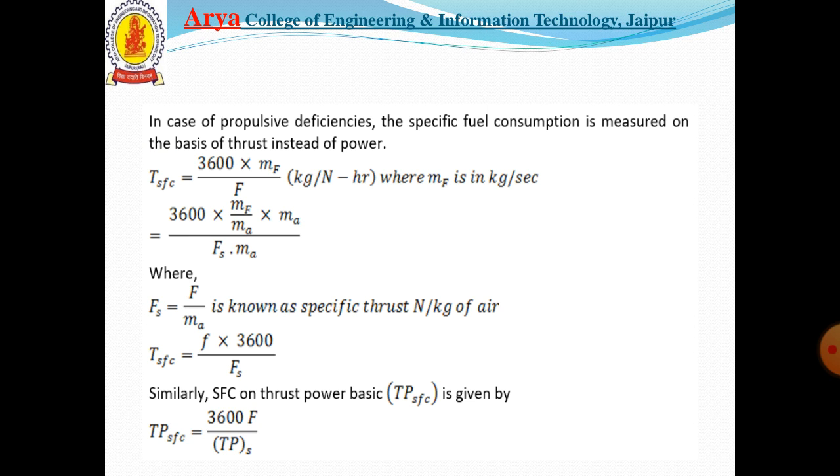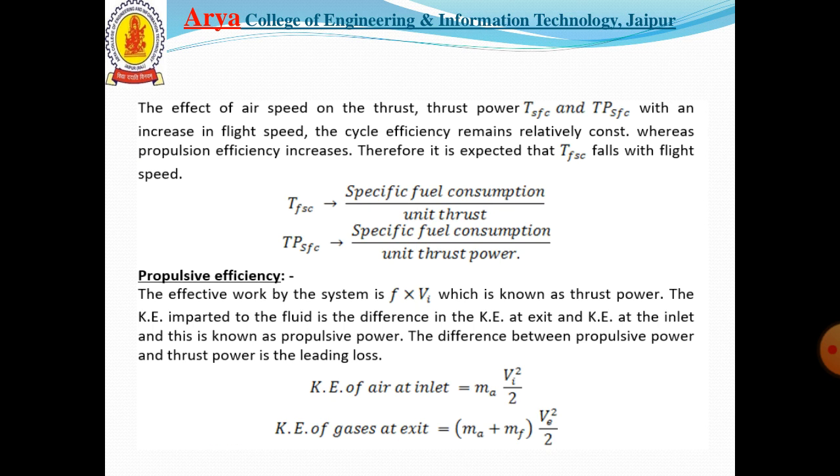Similarly, SFC on the thrust power basis, TPSFC, is given by TPSFC equals 3600 into f upon TP. The effect of the air speed on the thrust power TSFC: with an increase in the flight speed, the cycle efficiency remains relatively constant, whereas the propulsion efficiency increases.